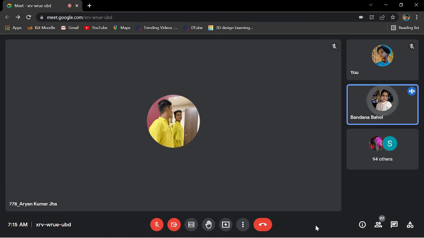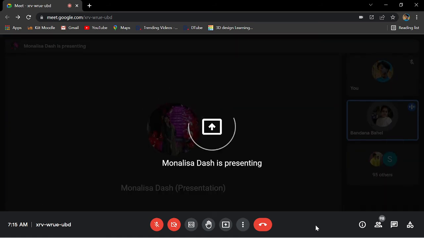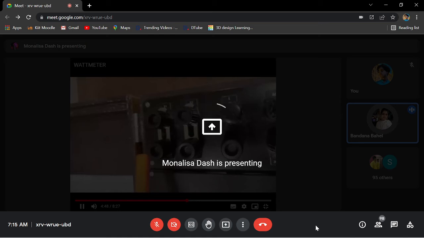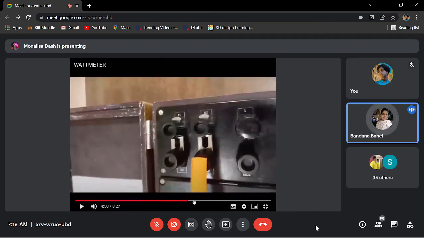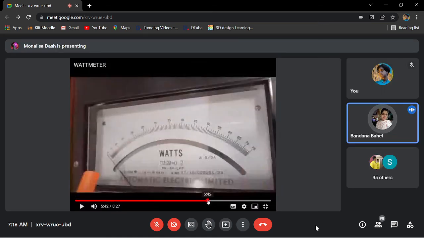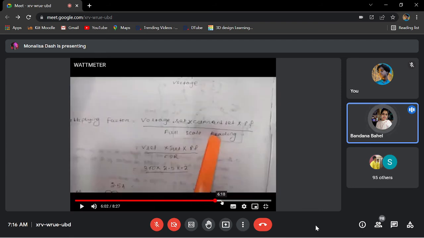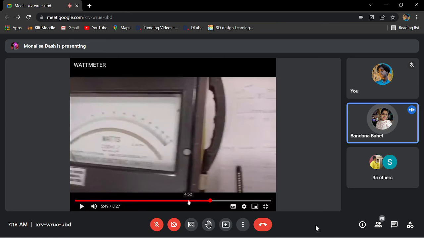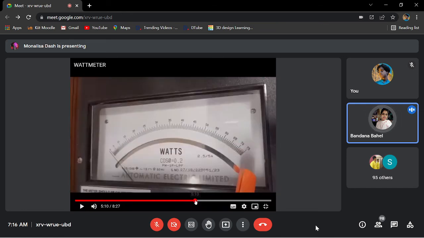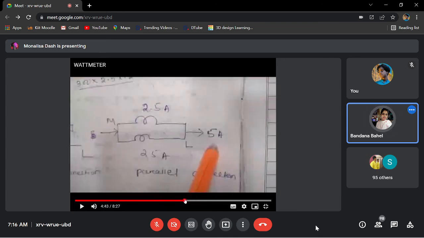That is why I was telling you where you will have a doubt in the wattmeter. So 5 is the current here, 5 ampere. We have two options here, current 2.5 and 5 ampere. How do we know, according to the settings of the wattmeter, whether the instrument setting is at 2.5 or 5?